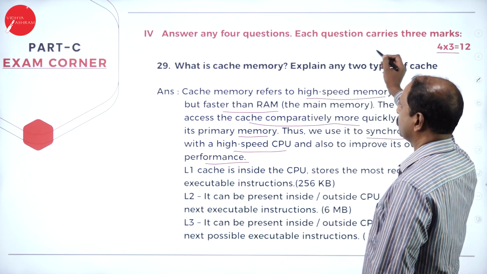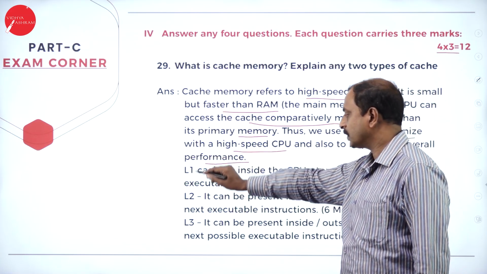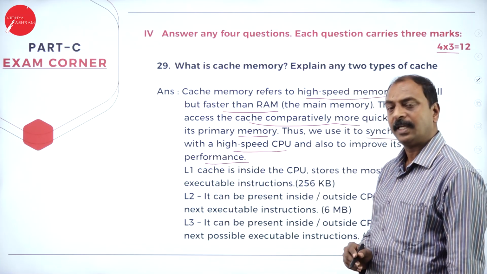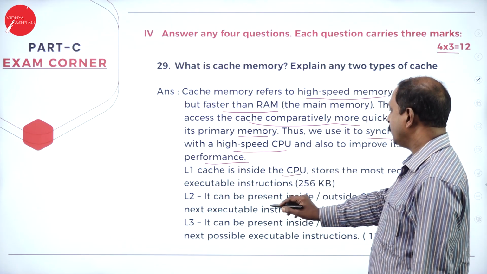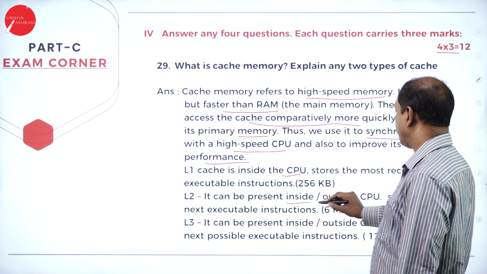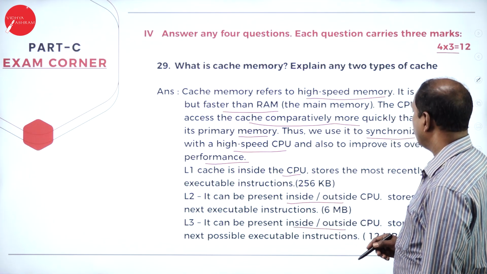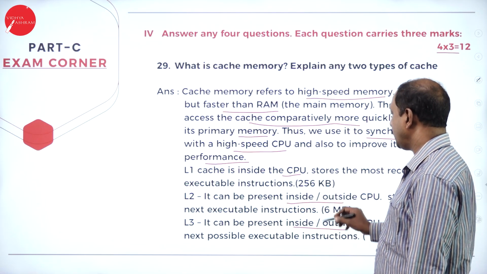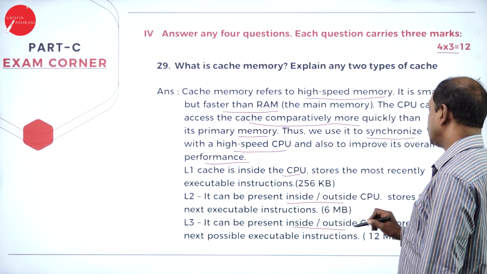So for a 3 marks question, 1 mark for the definition and another 2 marks for explanation of these 3 types. L1 cache is inside the CPU, and L2 cache can be inside or outside, and L3 also inside or outside. The difference in capacity is approximately 256 KB, 6 MB, and 12 MB.